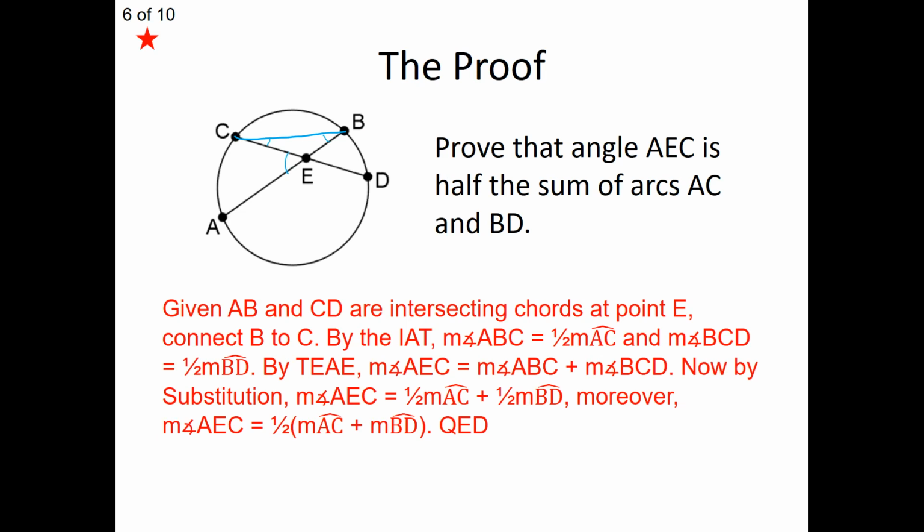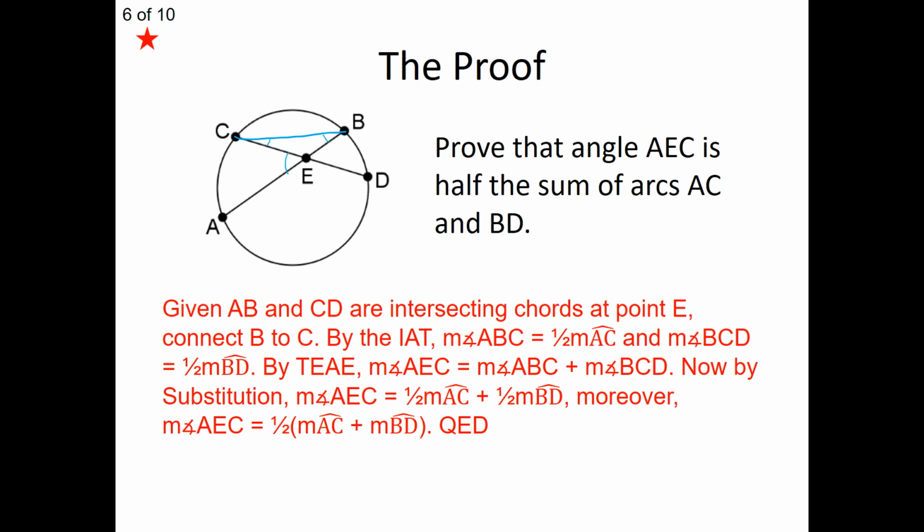As it turns out, angle AEC is an exterior angle to triangle EBC, and its two remote angles are those two inscribed angles. And so the measure of angle AEC is equal to the sum of those two remote angles, the measure of angle ABC plus the measure of angle BCD. Well, now by substitution, take those inscribed angles out and replace them with the half arc measures that we calculated.